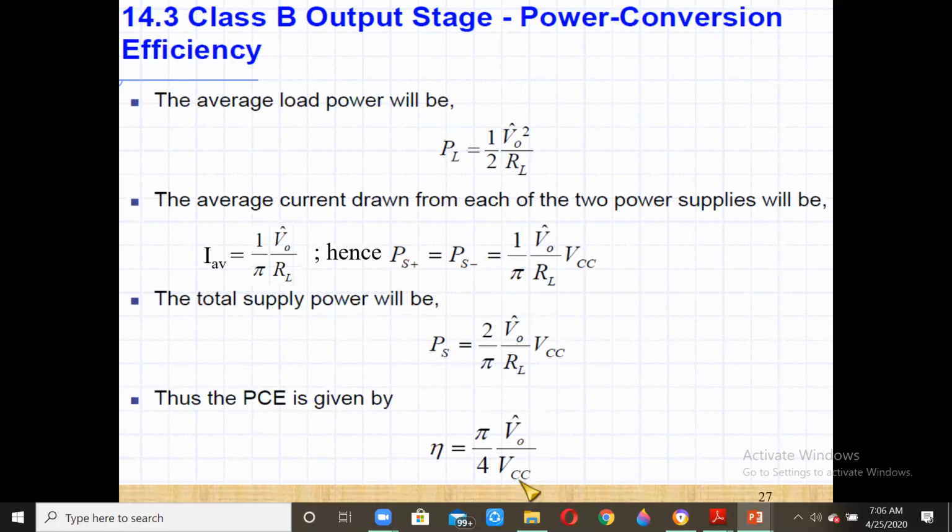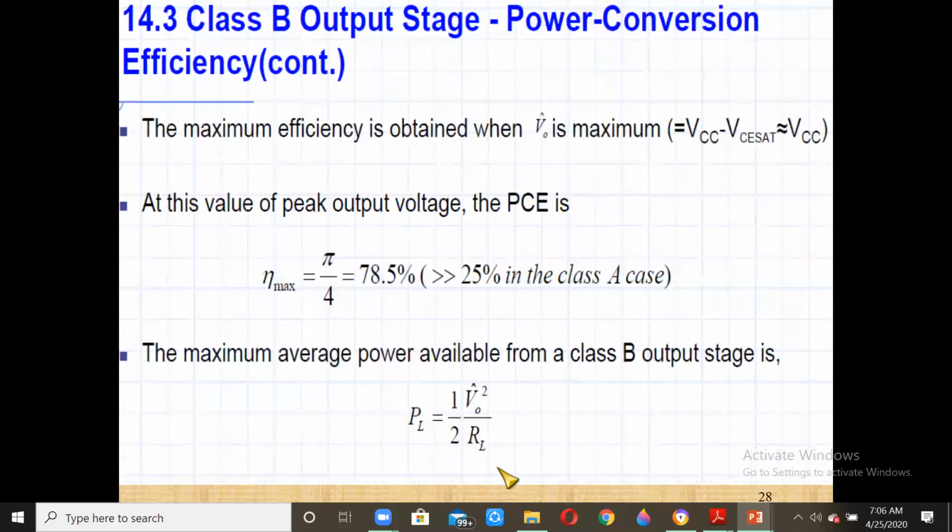The maximum value the output voltage V naught can take is VCC. The output voltage will definitely be less than VCC. Rather, the maximum value of V naught is VCC minus VCE sat. So the maximum value of eta, if we neglect VCE sat, will be pi by 4, which corresponds to 78.5%.